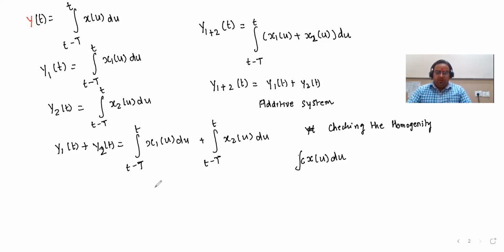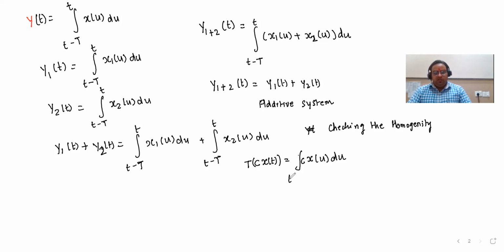Basically we are multiplying the input here with C, let us say, so that we write it as, in the initial form we had written it as x, or in the function form x of p, so here we are basically multiplying a constant term with the input of the system.